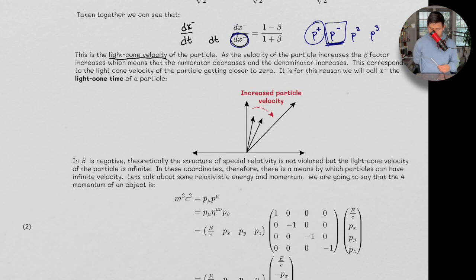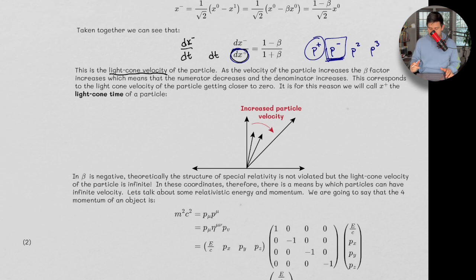So we could see according to this equation that as the velocity of the particle increases, the beta factor increases, which means that the numerator decreases, and so the denominator increases. And so this corresponds to the light cone velocity of the particle getting closer to zero.